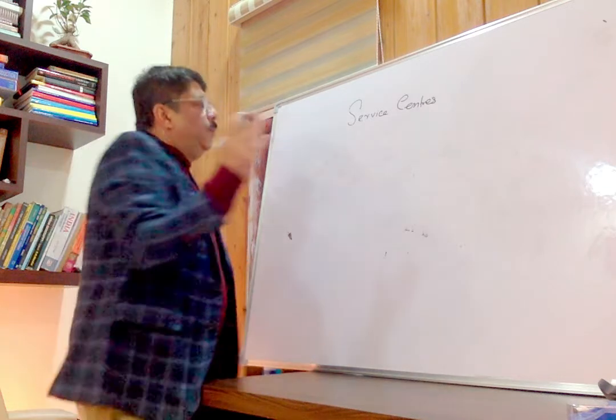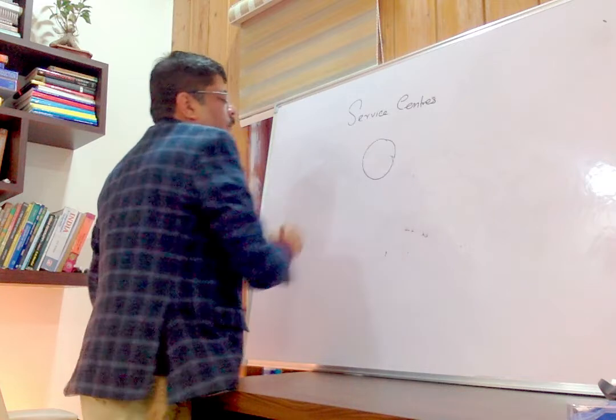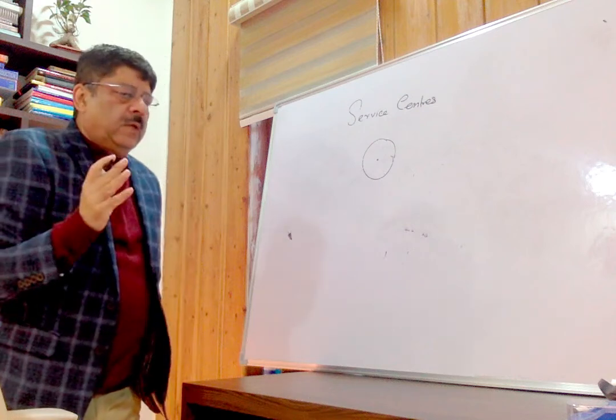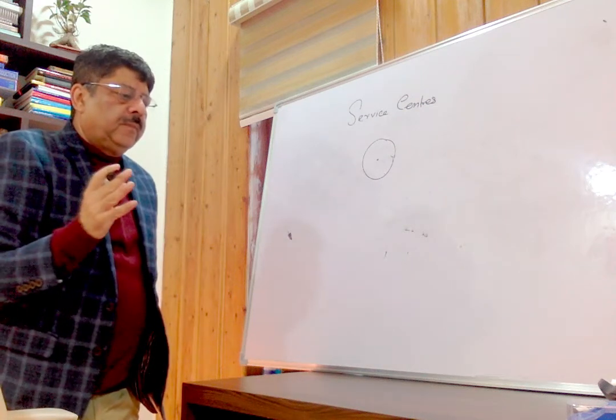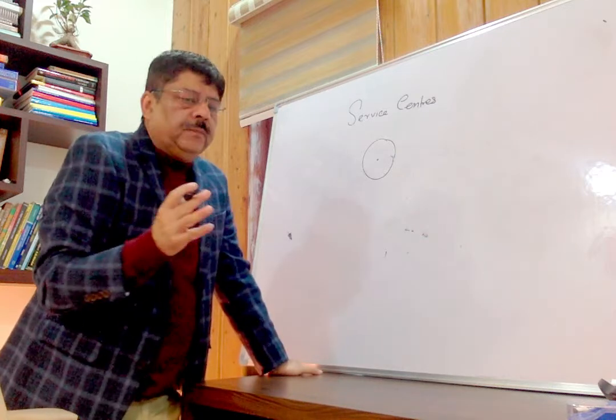So why has he not chosen the circular shape? Circular shape is best for serving.